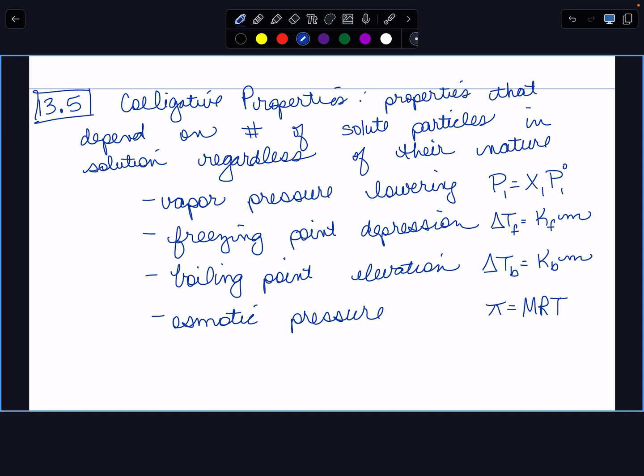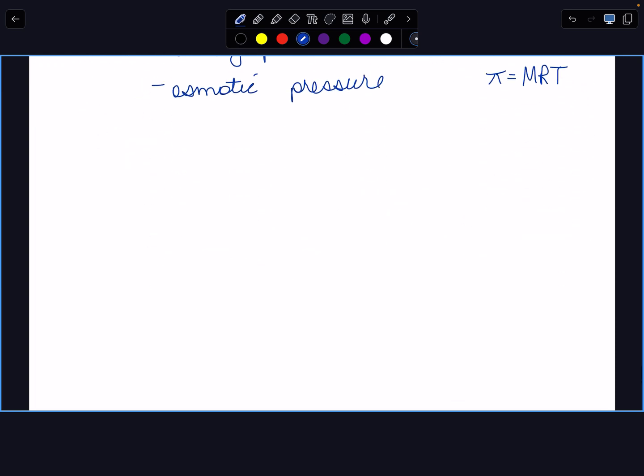And what this colligative property says is that P1 stands for the vapor pressure of the solvent. I should write this and not just talk it. P1 stands for the vapor pressure of the solvent in solution. Catch those terms. Solvent in solution.